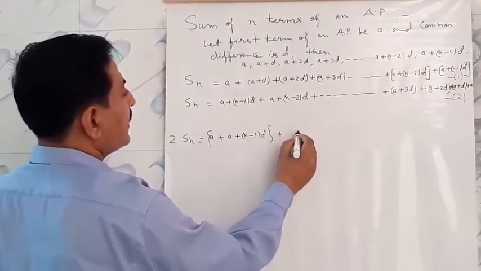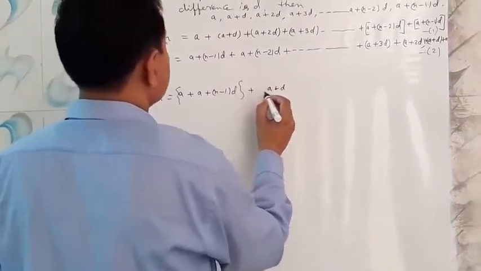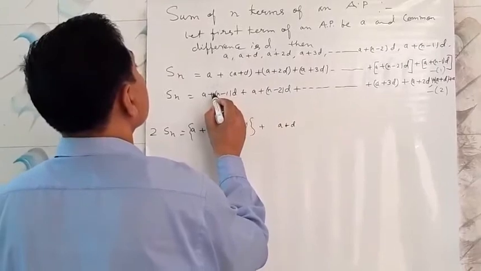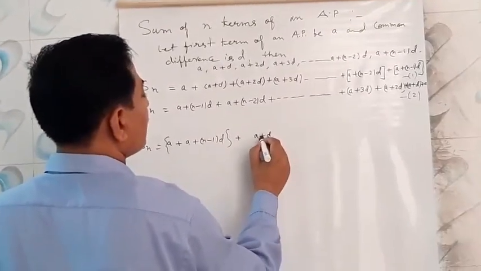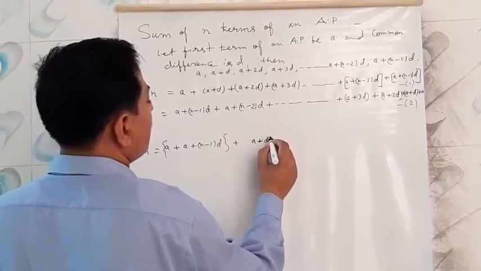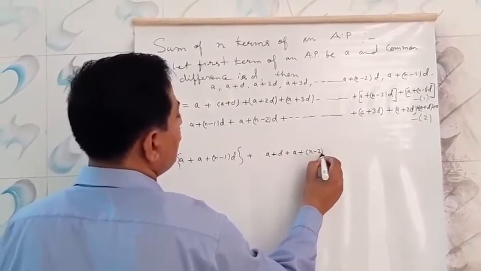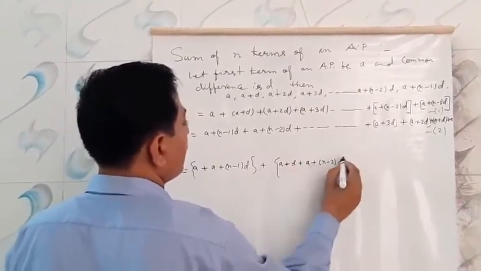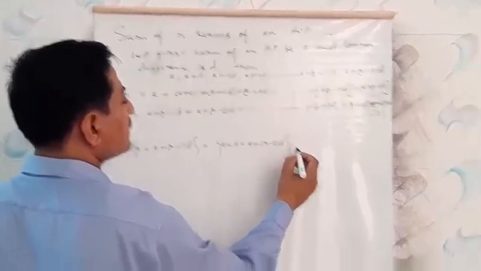The second will be A plus D plus A plus n minus 2 into D. Here I have written only two terms, so we take only two terms.